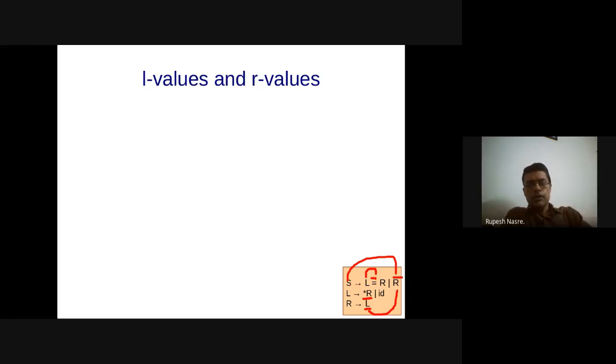On capital R from I0, there will be S deriving R dot, and that does not add any more non-kernel items. Similarly, for shift, on star there will be L deriving star dot R. That will be a kernel item, and then R deriving dot L will be a non-kernel item.